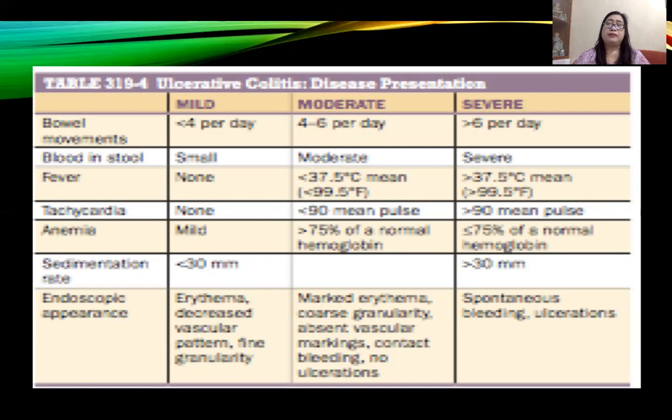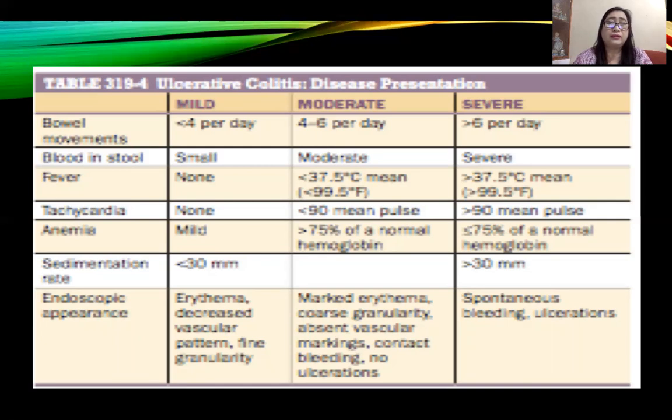And patients may develop abdominal pain, but usually in the mid, lower, or hypogastric region. As to the frequency of bowel movement, it is said to be mild if the bowel movement is less than 4 per day, moderate if it is 4 to 6, and more than 6 is said to be severe.